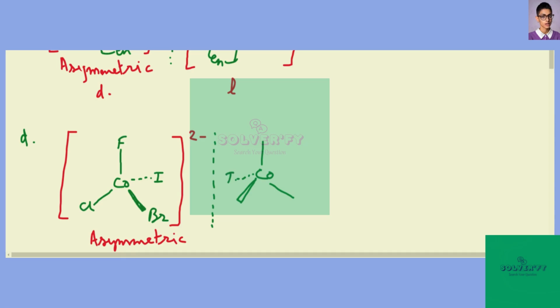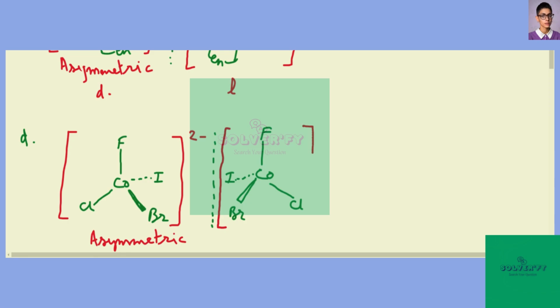So here it should be I, here it should be Br, and here chlorine, and here F. So this is the geometry, and this is the enantiomer. They are mirror images of each other.